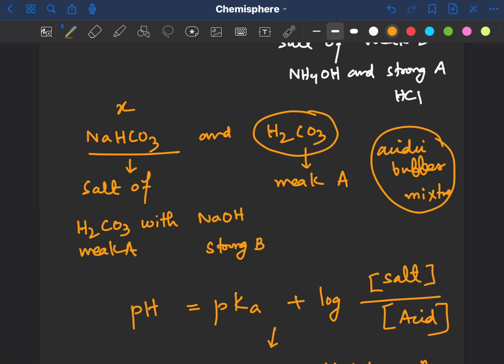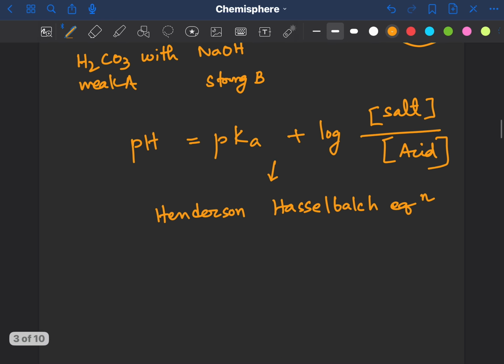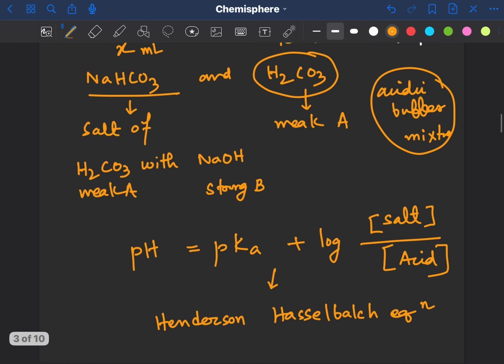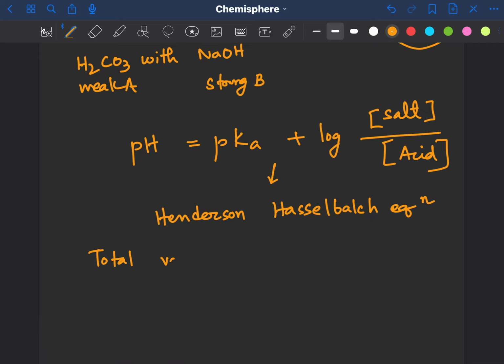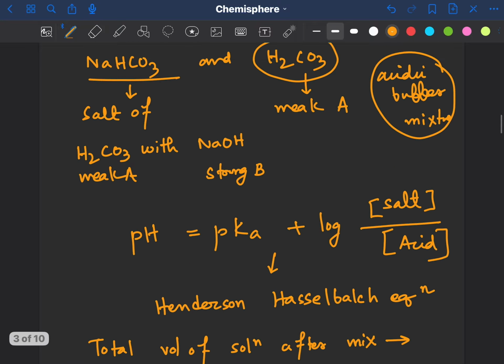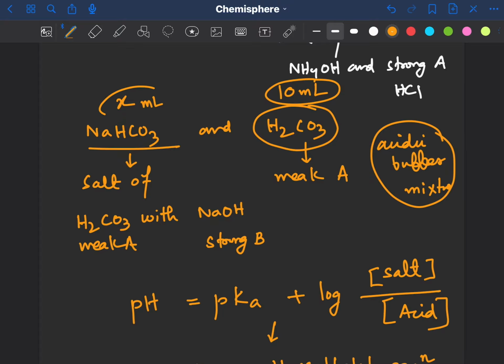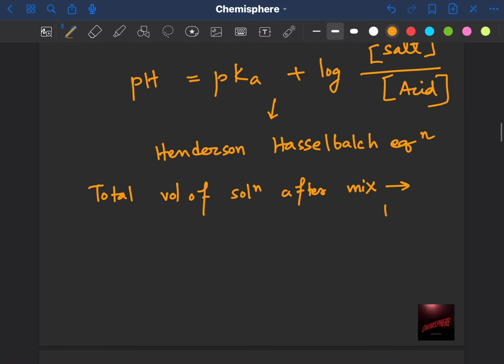Let us say that when we mix NaHCO3 and H2CO3, the total volume of solution after mixing will obviously be 10 plus X ml, because we are mixing them together.